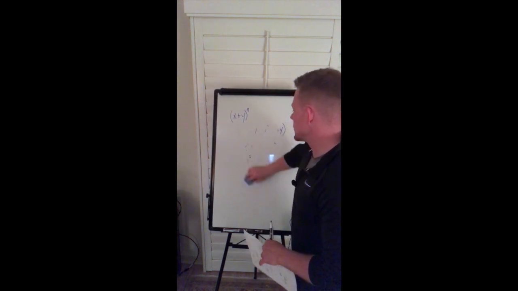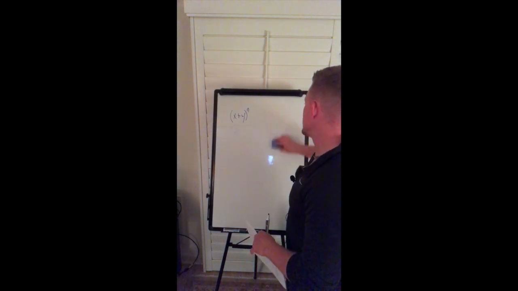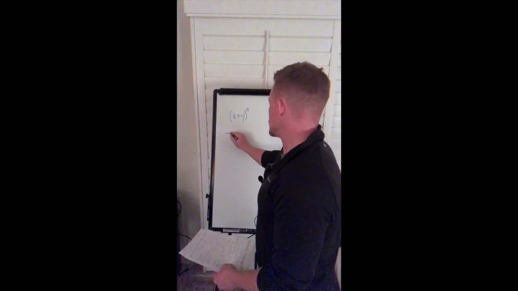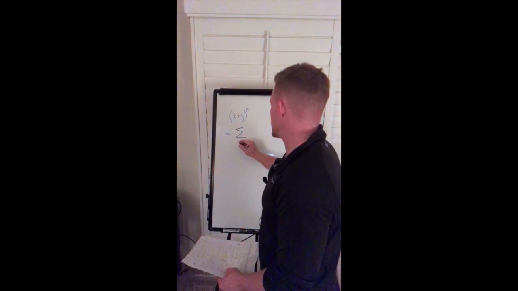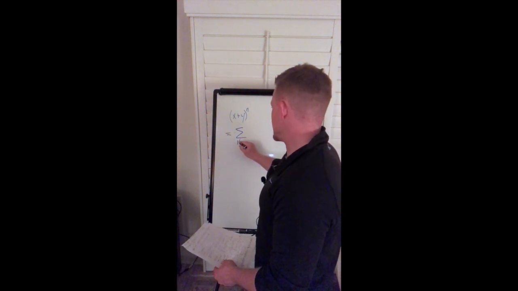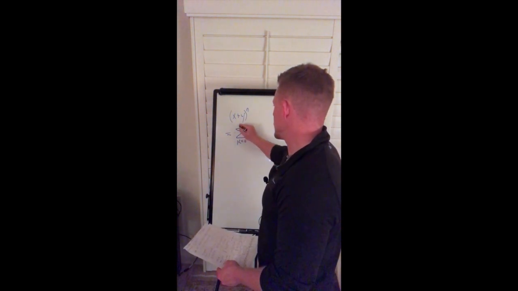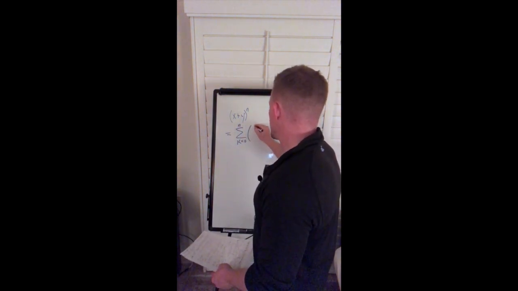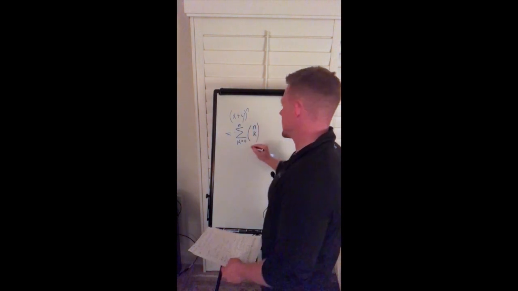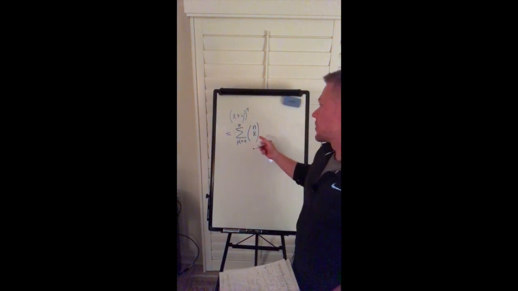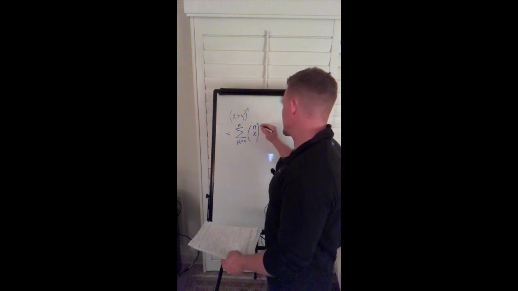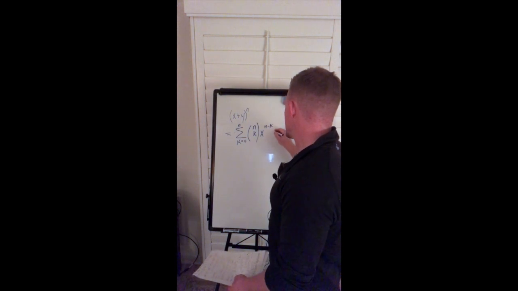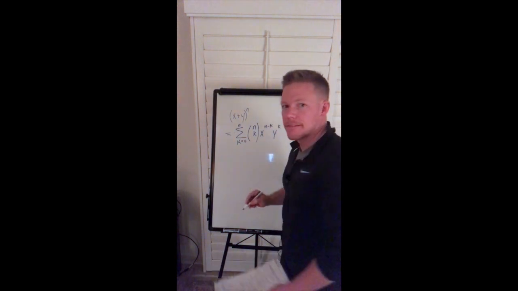So what the binomial theorem tells us is that (x + y)^n, which is written right here, is equal to the summation of k equals 0 to n, there's our n, of n choose k, there's a combination, remember we talked about combinations last week, times x^(n-k) times y^k.